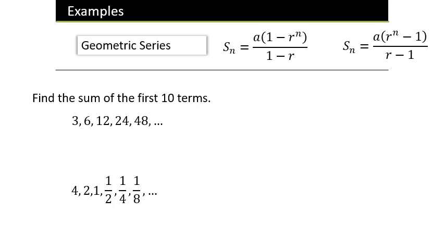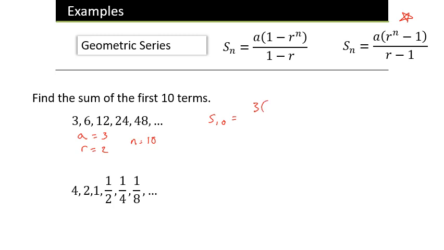So here, find the sum of the first 10 terms. First of all, a is going to be 3, r is going to be 2, and n is going to be 10 because we're looking for the first 10 terms. So for S_10, because r is greater than 1, it would make sense for me to use this formula.